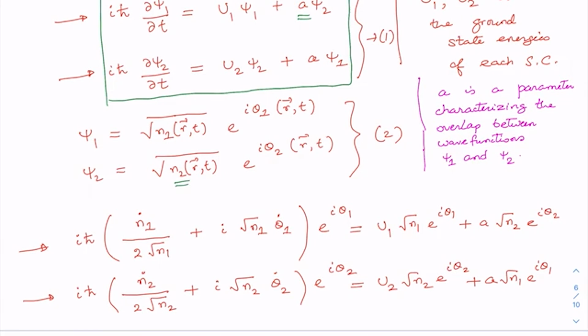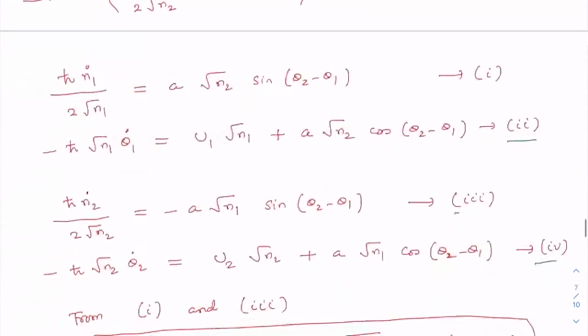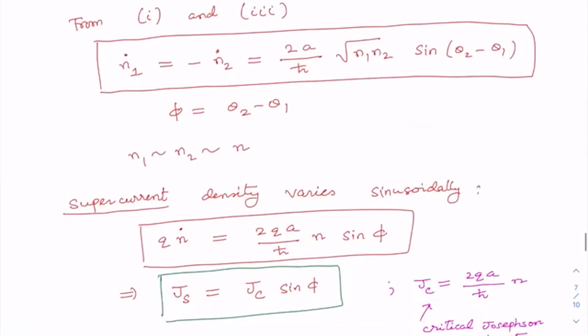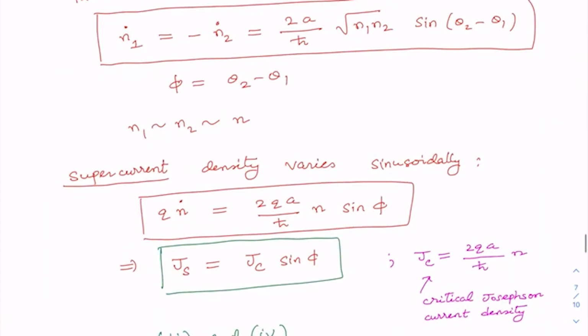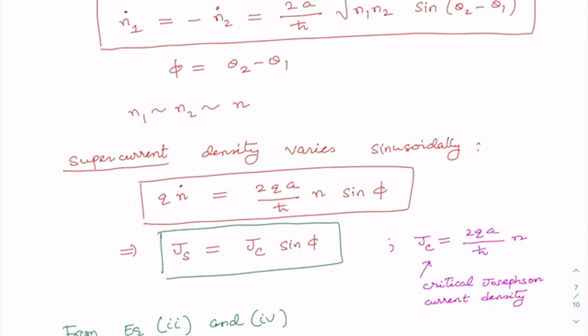Theta 1 and theta 2 are the respective phases in the two conductors. Then we put equation 2 in equation 1, and after analyzing, it turned out that the current density is basically a nonlinear function of the phase difference between the two superconductors, and Jc here is the critical Josephson current density.